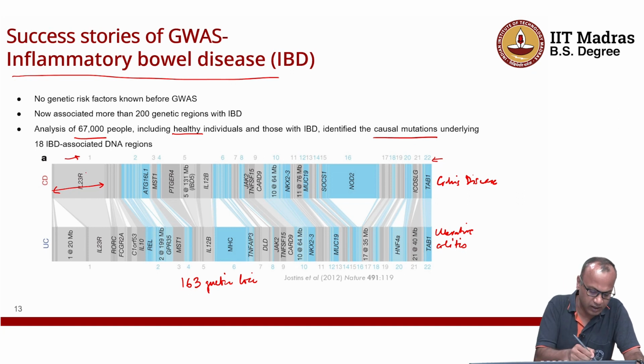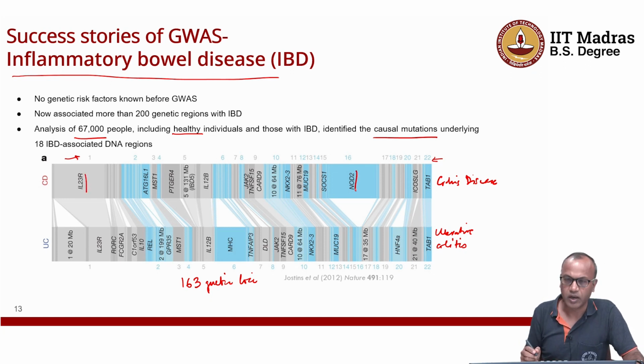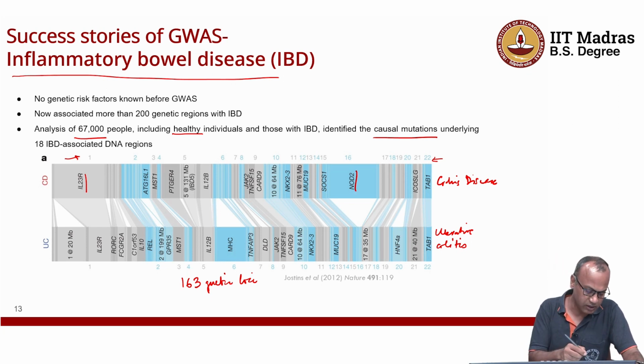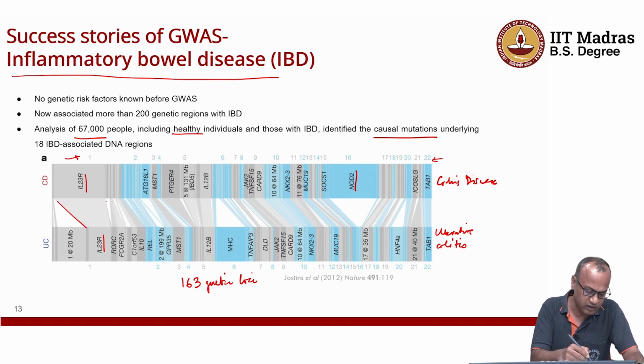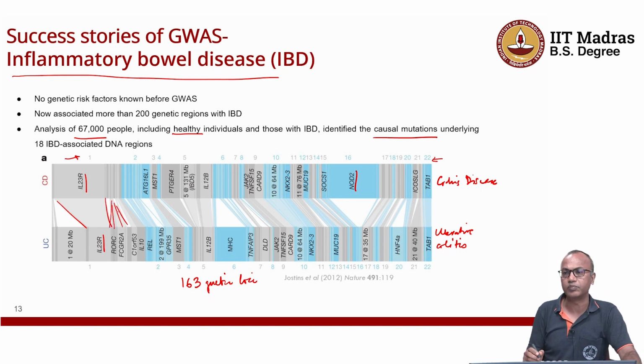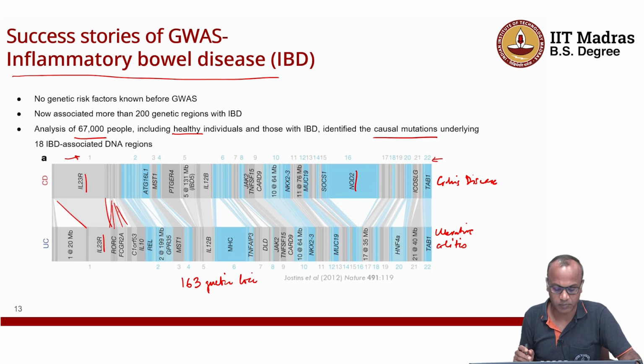So, for example, IL23R and NOD2 are the two major genes that contribute to the majority of the phenotypic differences we see in Crohn's disease. Similarly, IL23R is also a major gene in ulcerative colitis. These connections are for the common genes between the two types of inflammatory bowel disease.